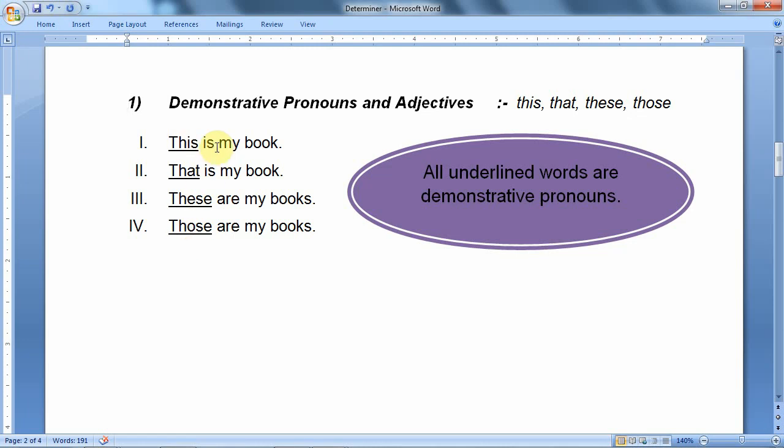Just to add something, if you look at these sentences, my book, my books, my is possessive. So here my is a possessive adjective. We are basically paying attention to demonstrative pronouns and adjectives. So here these 4 words are playing the role of demonstrative pronouns.